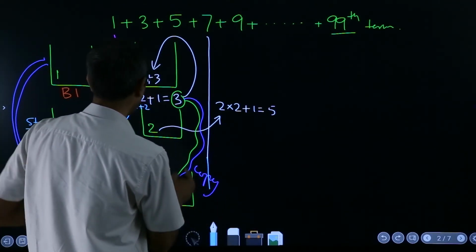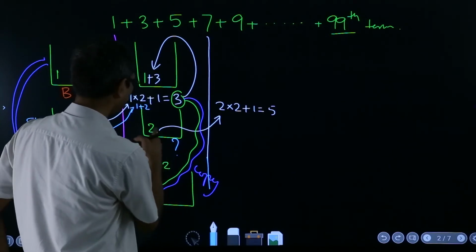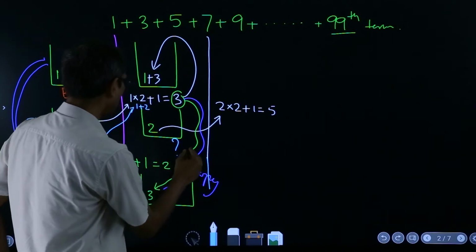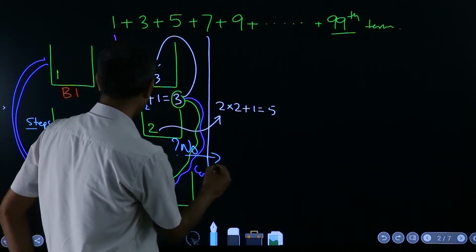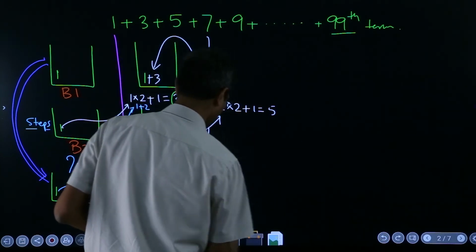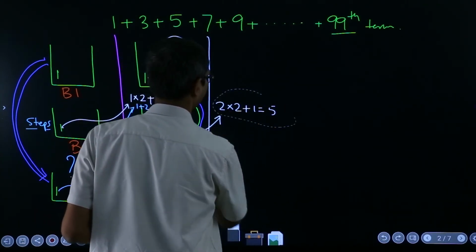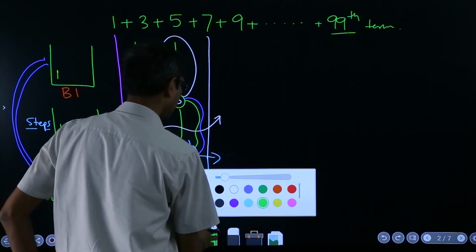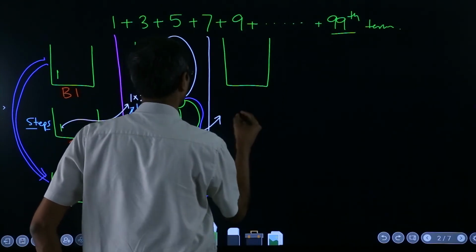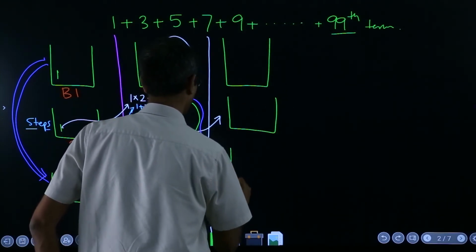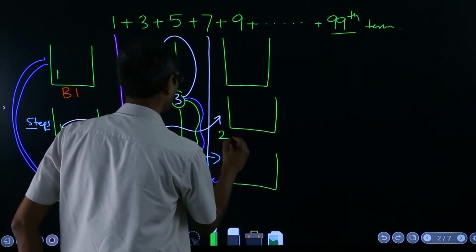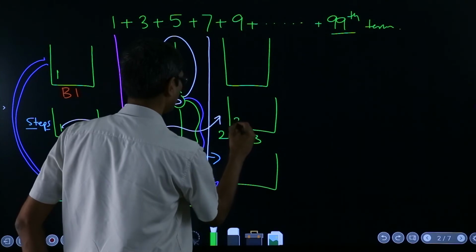Suppose we check here whether it's finished. No, the 98th step hasn't yet been reached. So again the answer is no, so we will go there. Let me draw the buckets. Here there is a bucket, here there is a bucket, and one more bucket now. From this, we will say 2 plus 1 is equal to 3, so we will put 3 there.